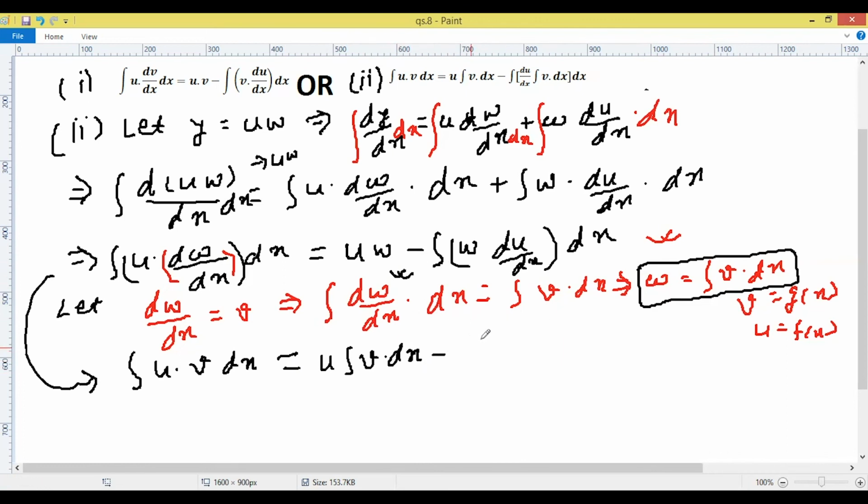Then again, du by dx first of all, and then the integration of the whole thing, and in place of w you can write again v dx, and then close this bracket, and this is dx.